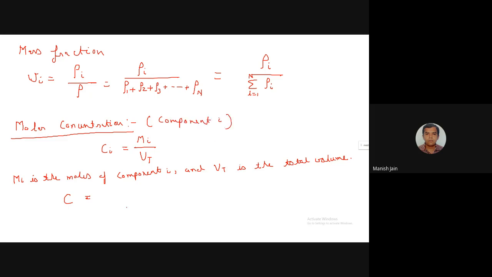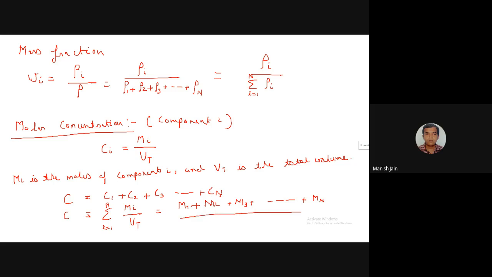Similar to density, you can define C. So C equal to C1 plus C2 plus C3 up to Cn, or C equal to summation of Mi divided by Vt, i equal to 1 to n, or M1 plus M2 plus M3 up to Mn divided by Vt, where Vt is the total volume.